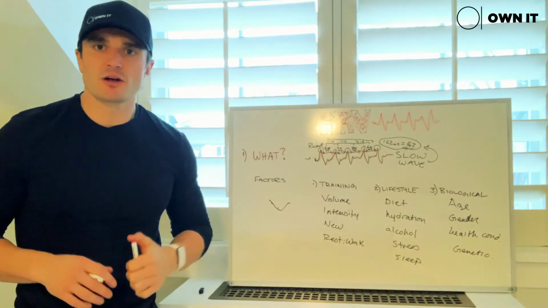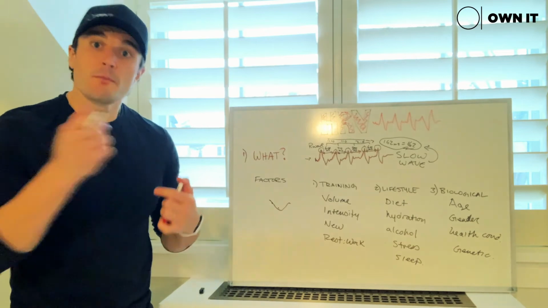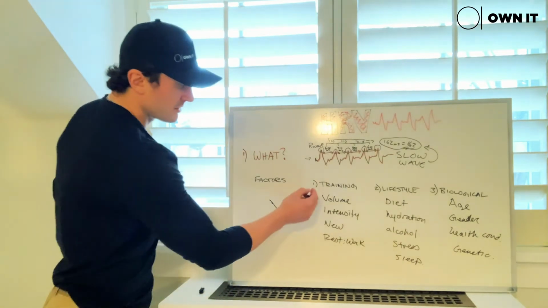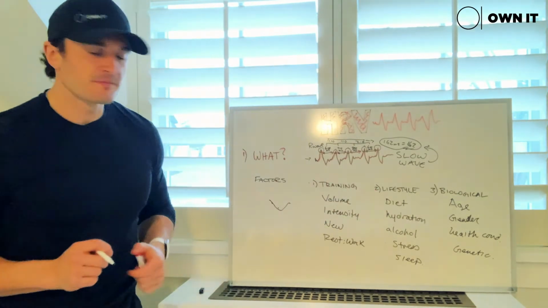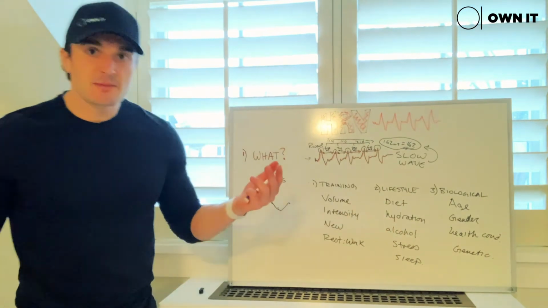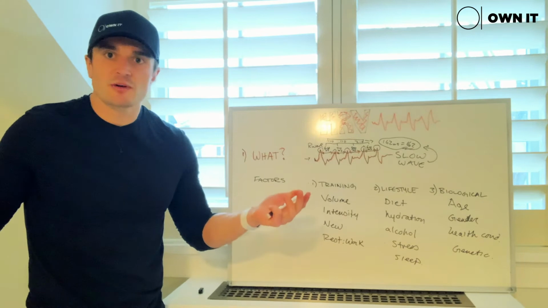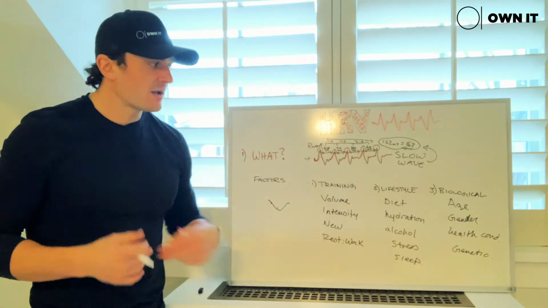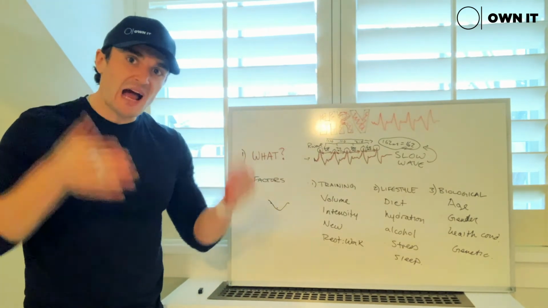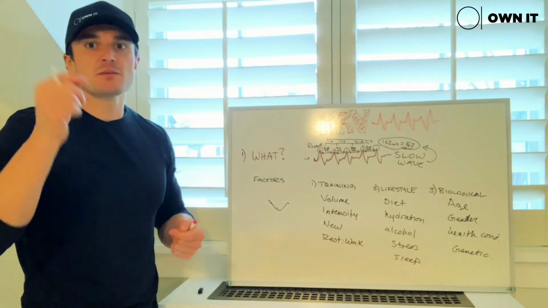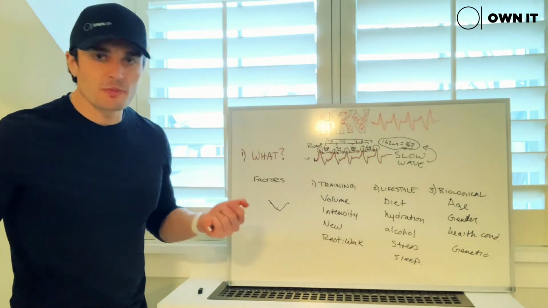That's just a biological thing that happens with age, but we can start to prevent that through focusing on HRV 1 and 2. Same thing with gender. Typically, males have a higher HRV than females. Just how it is. Not a big deal, but that is why it's such a highly individualized metric that means something to you and really nobody else.